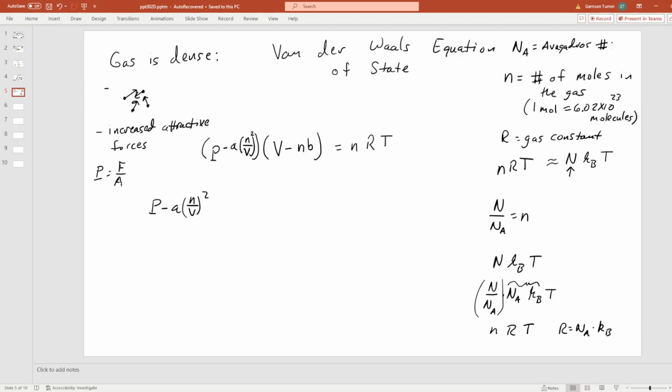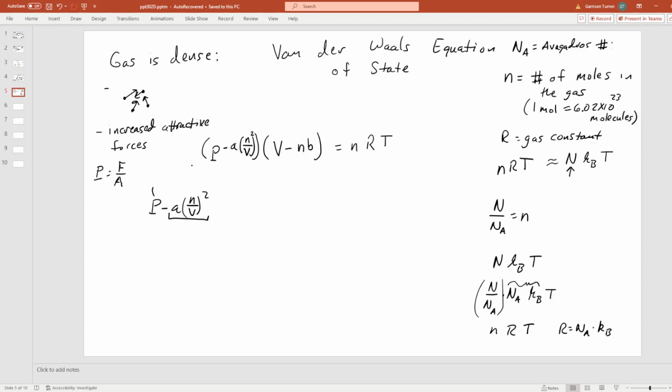Okay, so if we're taking the increased attractive forces into account, this is the term that does that. So your total pressure in your system is going to be equal to the pressure of the system as you would measure relative to vacuum minus the force per unit area on average that the molecules are exerting on each other.